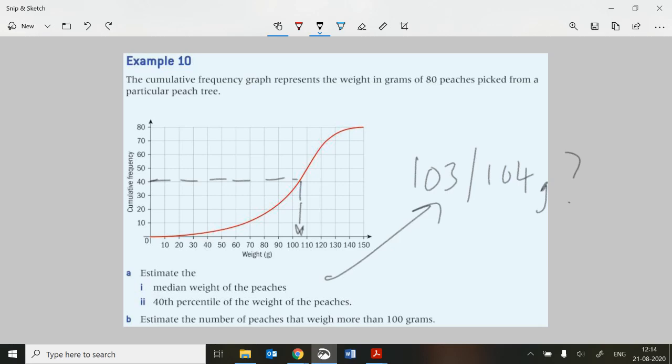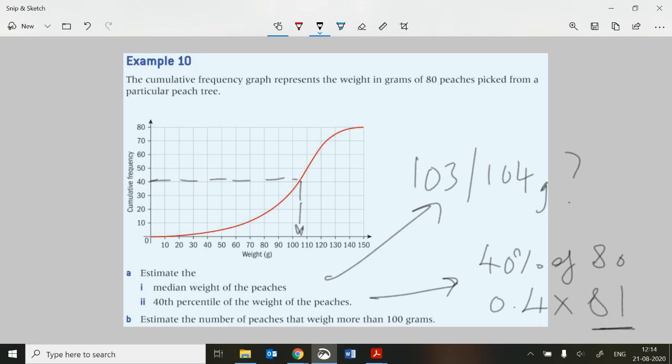So when we want the 40th percentile, which is probably the new thing for most people, we need to find what is 40% of the way through the data. Now, just like we're doing the upper quartile is 3/4 of n plus 1, if you want to here, you could actually do 0.4 times 81.